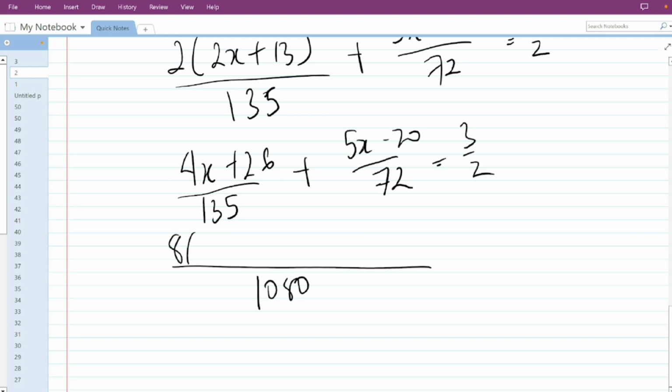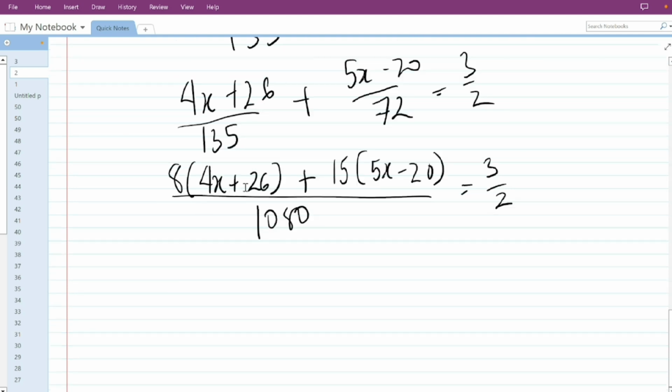So you have 8 into open bracket 4x plus 26 close bracket, plus on the other side we have 1080 divided by 72. It gives us 15. Then the 15 we get, we multiply it by 5x minus 20. So 15 into open bracket 5x minus 20, the 15 affects both of them, equals 3 over 2.